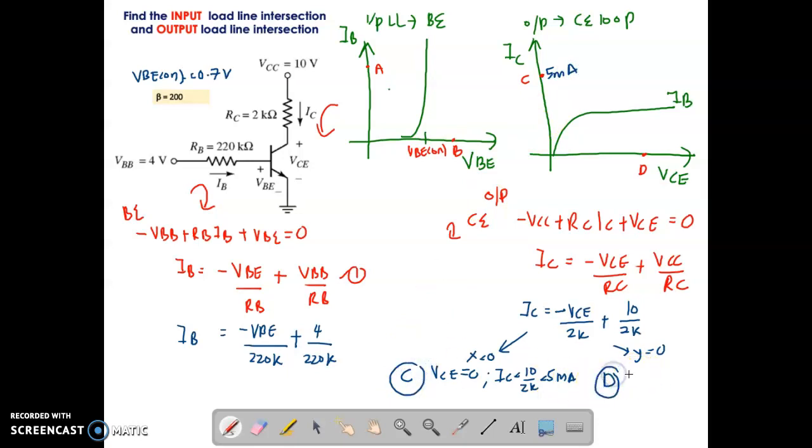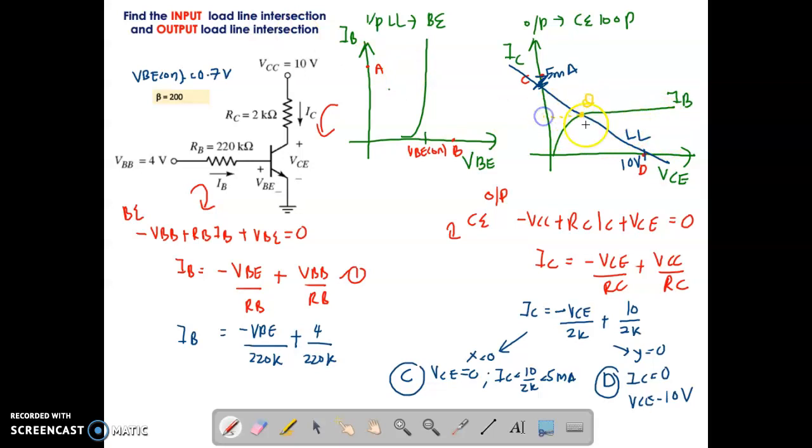You make IC equal to 0, so your VCE from that equation will be equal to 10 volts. So your D now is 10 volts. Once you have the values of C and D, draw a straight line. This line we call the load line equation. The intersection between your straight line and your IB, this one we call the Q point.